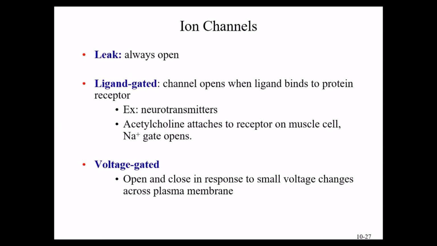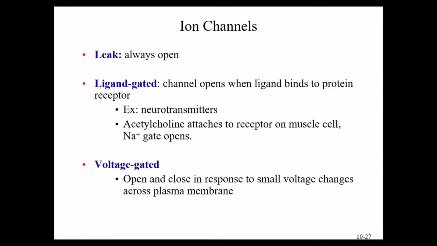Other types of channels are gated channels. They have a gate mechanism that has to open in order to allow the ions to transport across. A ligand-gated channel, where ligand is just another name for a chemical or molecule, only opens when that ligand is in place.